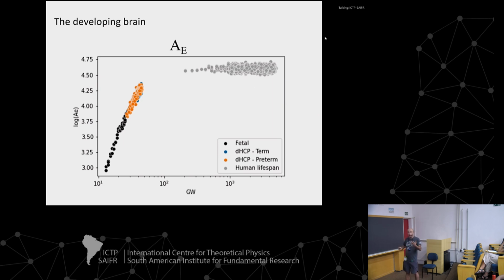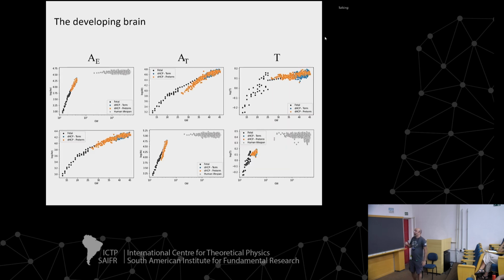But we can do this for all the variables. Very briefly, we have the original variables: the total area, exposed area, and thickness. A number of things I can point out here, but I won't go into them because I don't have time. Essentially, the preterm babies seem to have a deficit of area when they're born.